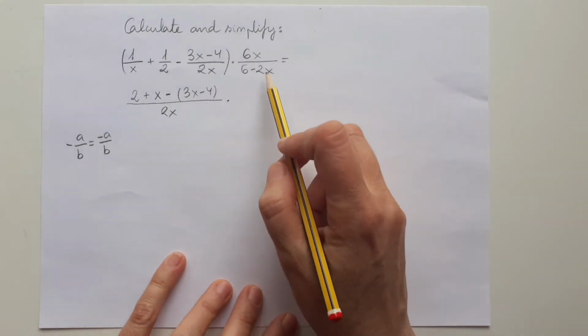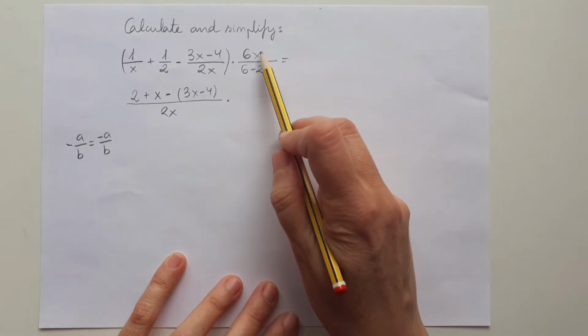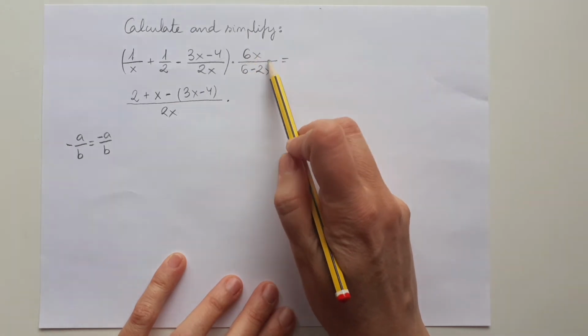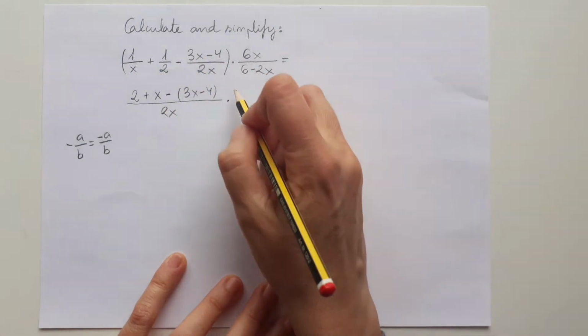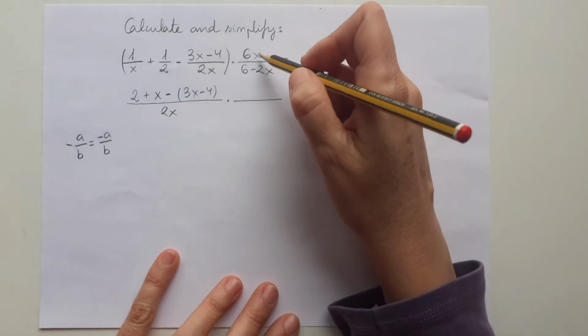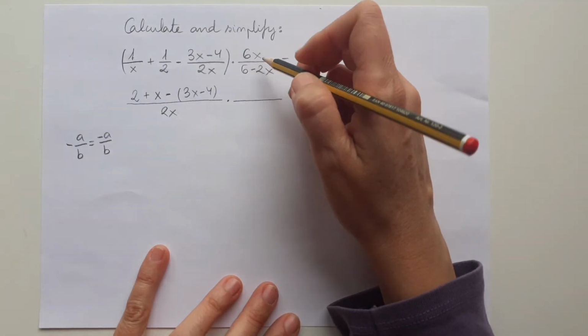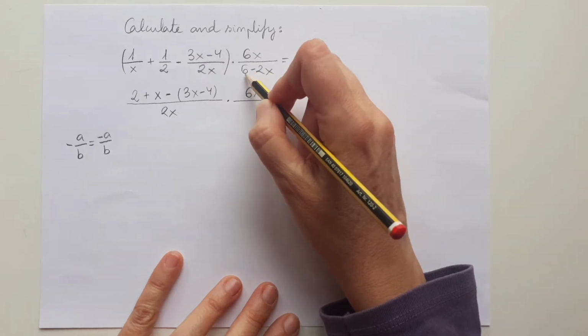Now, I observe that here I will be able to simplify. So I'm going to simplify this fraction before multiplying it by the result of this. How can I simplify this? Remember that to simplify, I need to have everything multiplying. Here I have everything multiplying, but here I don't have it.